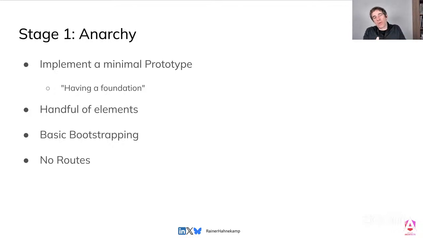That's why I called the first stage anarchy, but it's very short. I really try to have something very small, straight to the core, that shows that this feature can be implemented. It's just a handful of elements. I have my app config, I have my app component, and another component which implements that feature. No routes. This is already too much. And this is how I start.